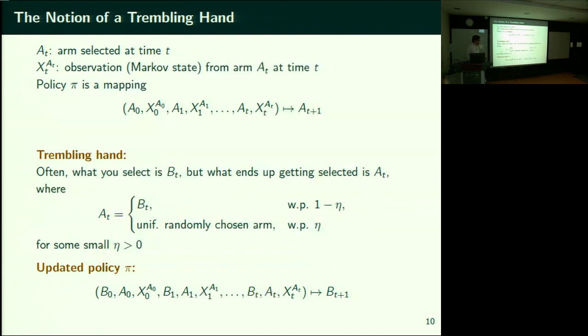So the updated policy is: you intend to select B0, but A0 gets selected, and you get an observation X0 from A0. The AT and X's are the same. There is an additional component BT, which is the non-trembled hand. AT is the trembled hand now. So B1 at time 1, A1, X1, and so on.